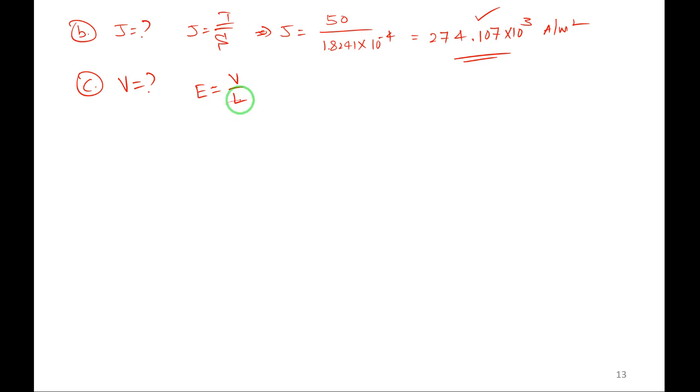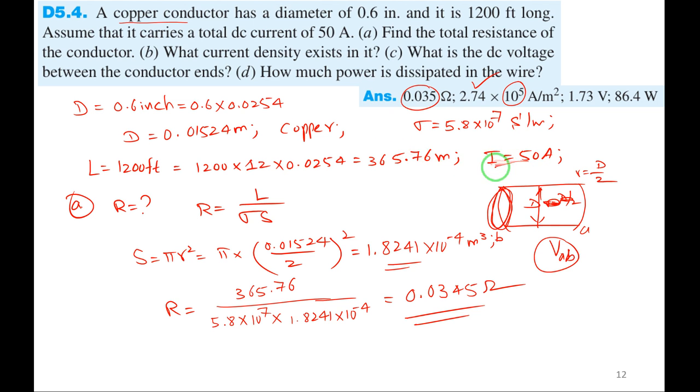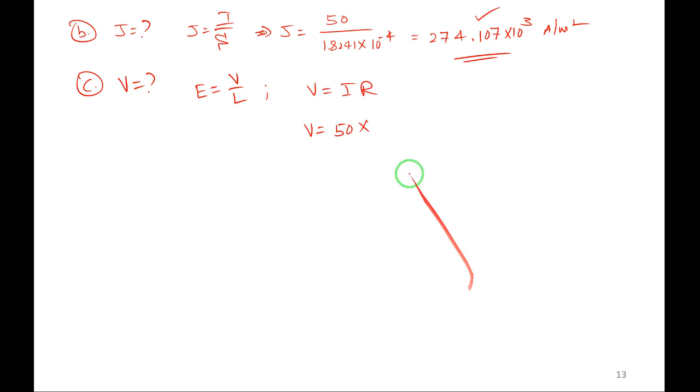Yes, this is one thing. V equal to IR, can I use? Yes, it is possible. Very simple, right? So I is known, R is known. Already we have calculated. I is how much? 50 amps. It is given, right? Then R we have calculated already. R is 0.0345.